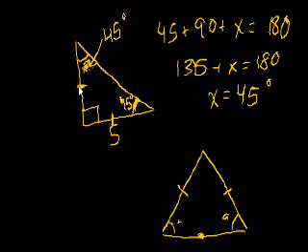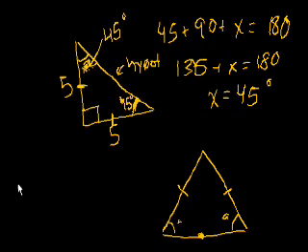And I think you might be experiencing an aha moment right now. Well, if this side is equal to this side, I gave you at the beginning of this problem that this side is equal to 5. So then we know that this side is equal to 5. And now we can do the Pythagorean theorem. We know this is the hypotenuse, right?